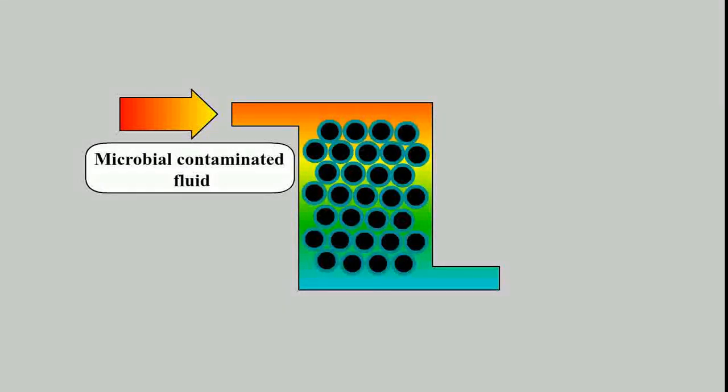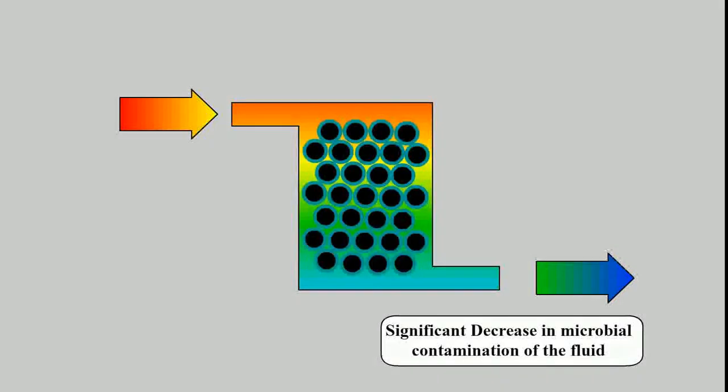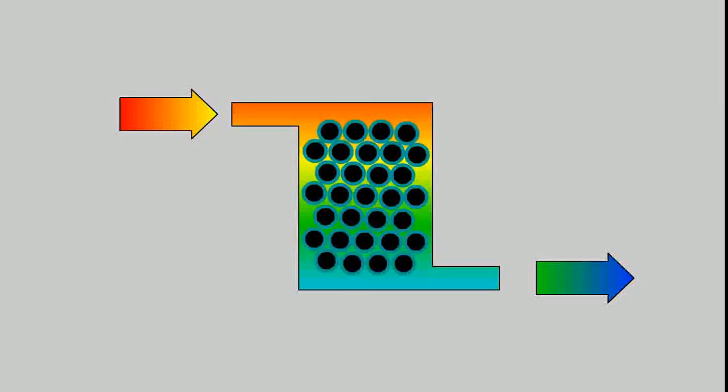So as the fluid passes through the coated particles, it will lose the majority of its living harmful microbial organisms, to the point that we can expect a significant decrease in microbial contamination of the fluid. So this was the whole idea, and I tried to make it real.